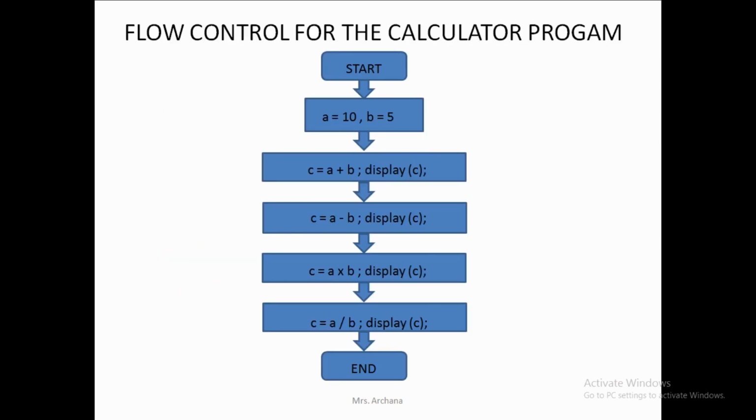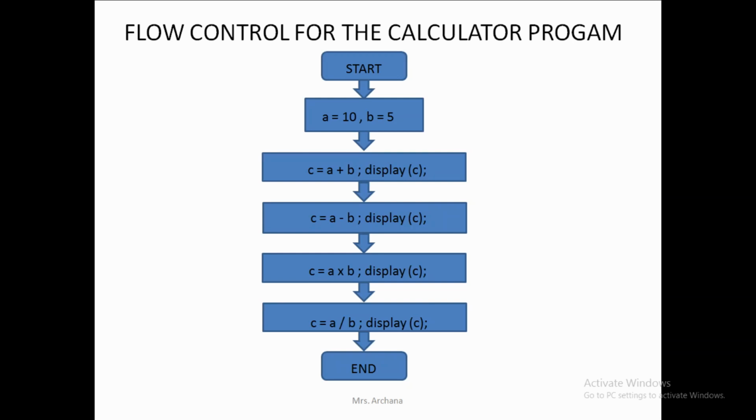Next, flow control. To know flow control we need to see this diagram. This diagram represents the flow control for the calculator program. From flow control we are able to know the order of execution or flow of execution of a program. The flow control is actually a concept and there is no physical existence of it.